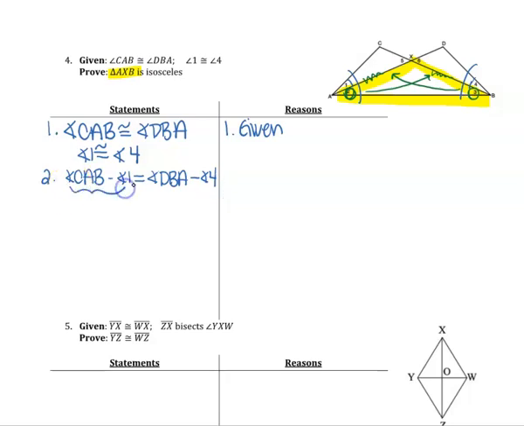Now, what's another name for CAB minus angle 1? Well, that's going to leave me with angle 2. And what's another name for DBA minus angle 4? That's going to be angle 3. And that's my subtraction.